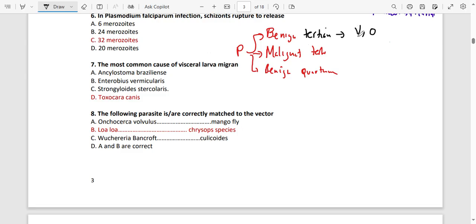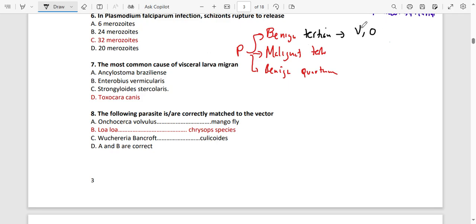Both of them can cause relapse because they form the hypnozoites. But falciparum and malariae are involved in recrudescence, meaning that we don't kill them completely, so the infection is going to come back again. These ones cause relapse because of the hypnozoites, which can remain dormant in the liver.